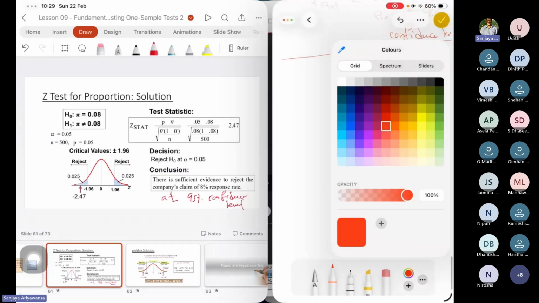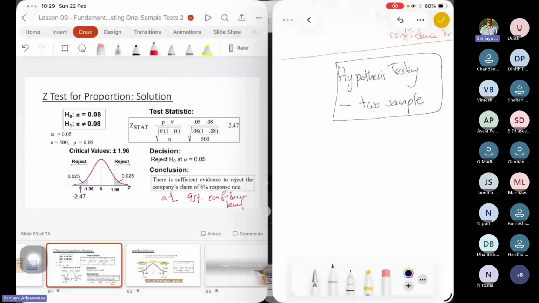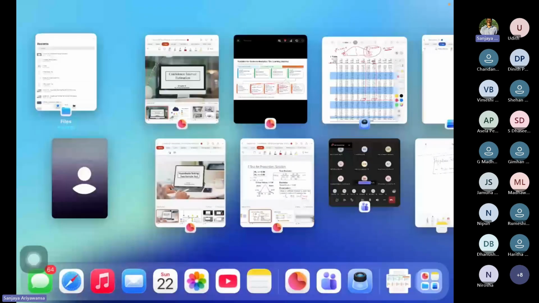So now we come to the next part, hypothesis testing for two samples. Now we come to a bit more complex area, which is hypothesis testing for two sample tests.